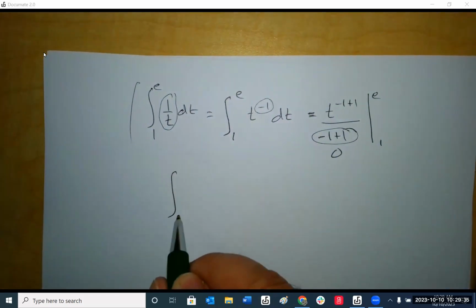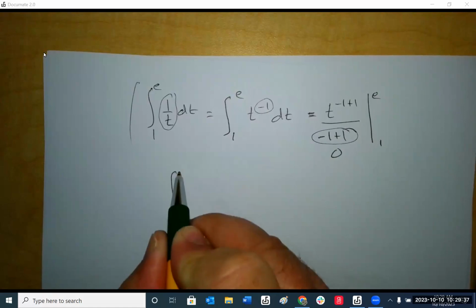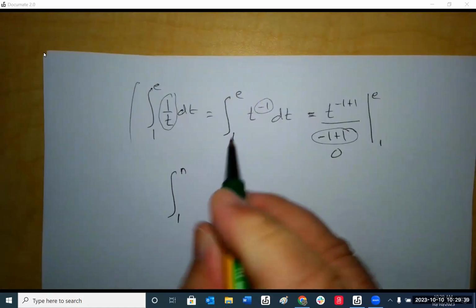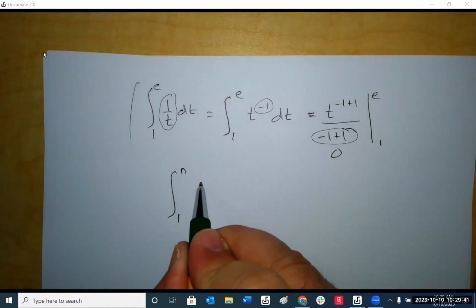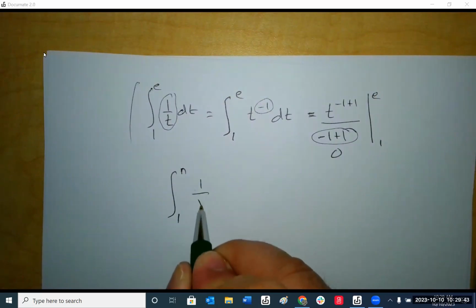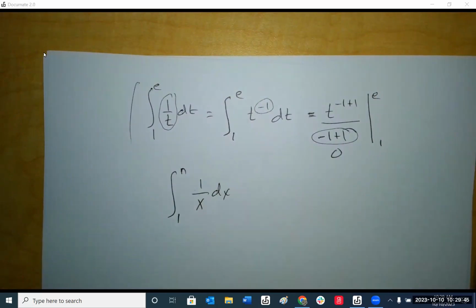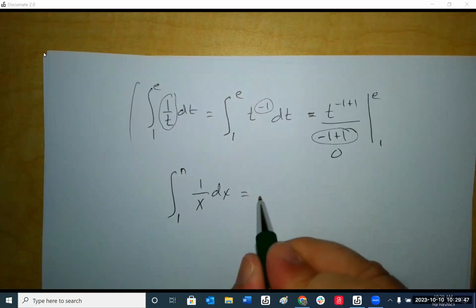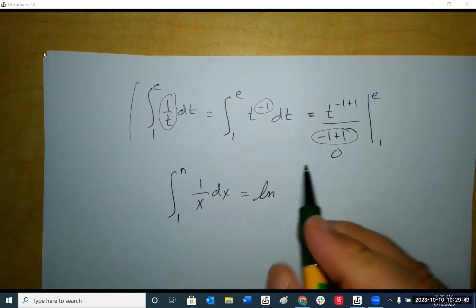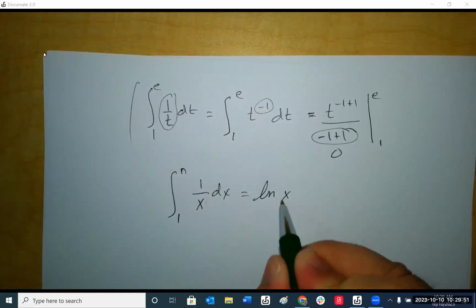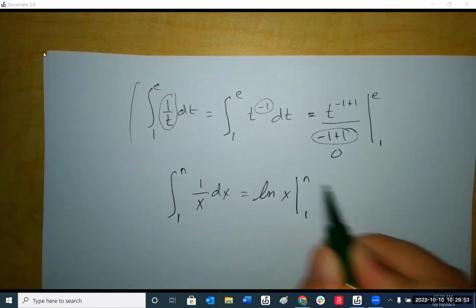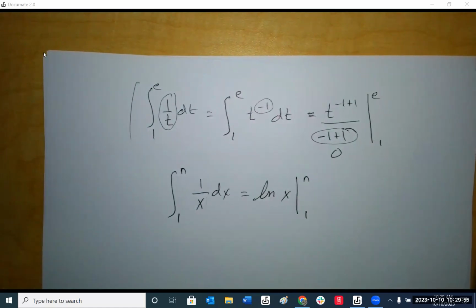Whenever we see the integral of 1 over x, that's why we say the integral of 1 over x is ln x through its domain.